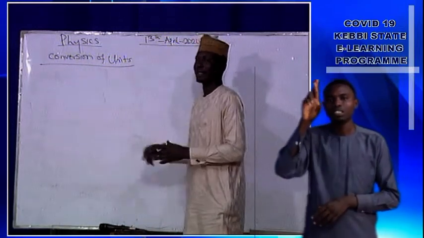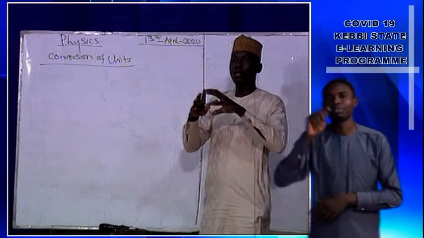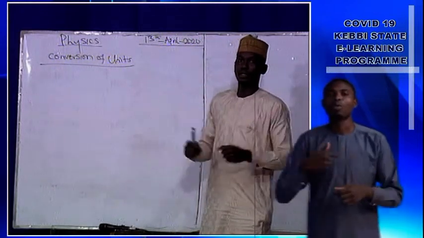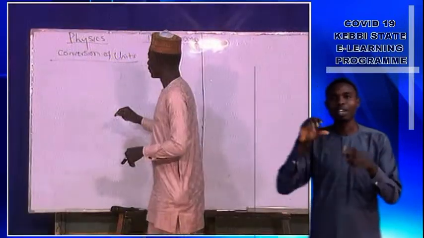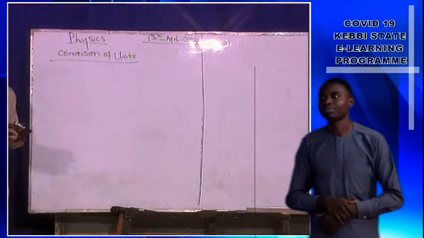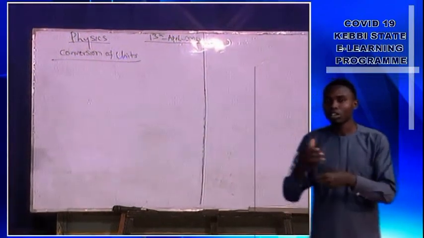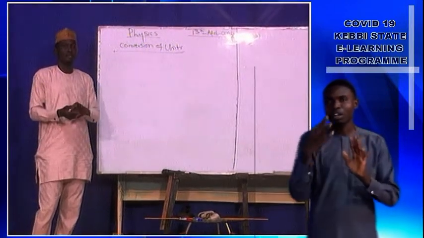Today we are going to look at how we can convert such units. For instance, let us take the three fundamental quantities we have in physics: length, mass, and time.